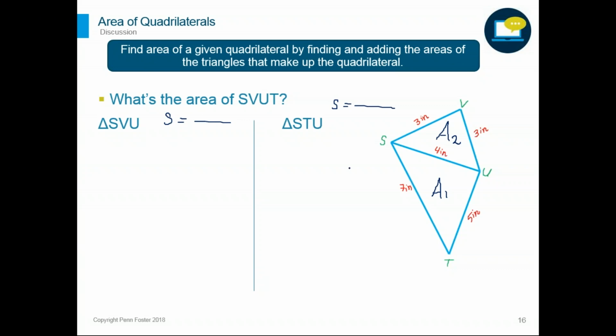So S in the first triangle, add up the perimeter and divide over 2. So that will give you 7 plus 5 plus 4, then divide over 2. So in this case, S is 8. And then you're going to use the formula S times S minus A times S minus B times S minus C, and so on.